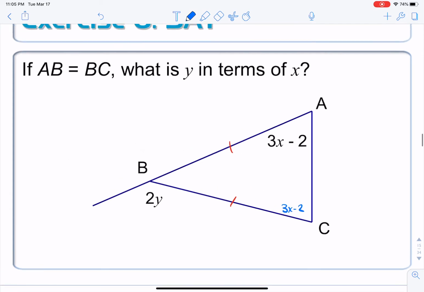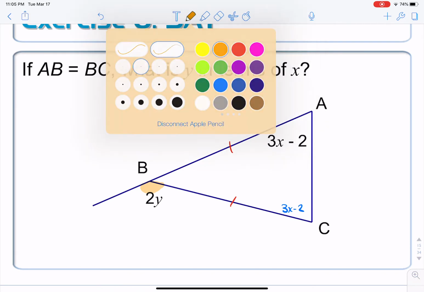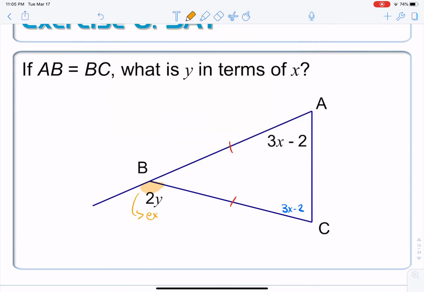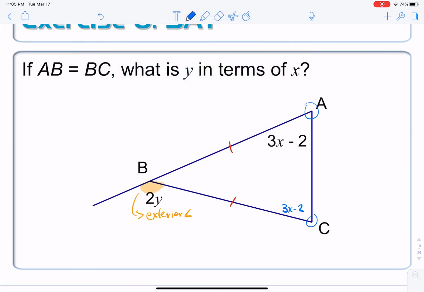And now from the previous lesson, we know that this angle right over here, that's an exterior angle. And an exterior angle is equal in measure to its two remote interior angles. And the two remote interior angles are A and C.